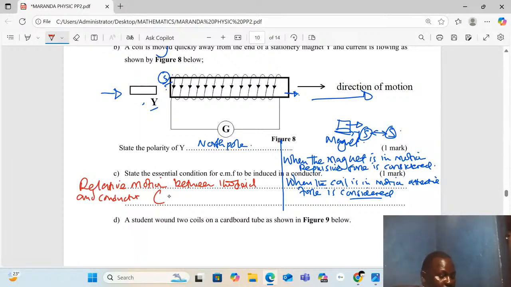In short, we need to have a change in flux linkage. That is what it is supposed to be.